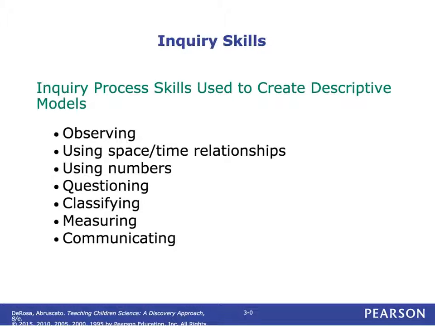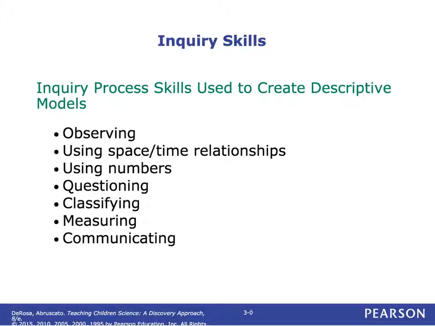What about classifying? Well, classifying allows us to put things in categories or order. It allows us to be able to draw relationships and show similarities and differences among our data. All right. So what about measuring? Measuring is a way to quantify our observations.